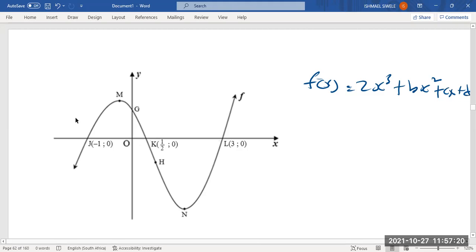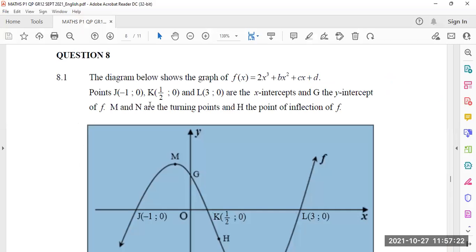So that's what we're given. Points J, K and N are the x-intercepts, so you can see they're given there. G is the y-intercept of f. M and N are the turning points, and H is the point of inflection.